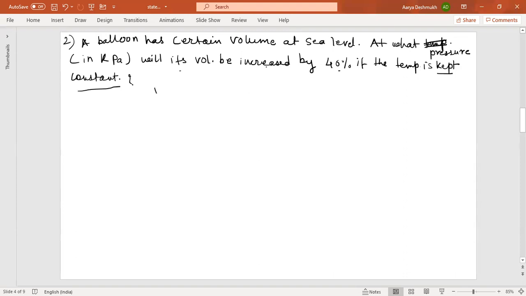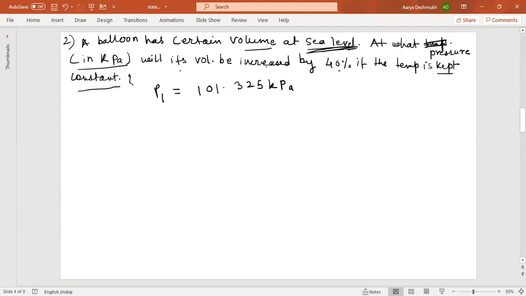Now let us start writing. P1, that is the initial pressure, is the pressure at sea level in kilopascal. The balloon has a certain volume at sea level, so this is one more hint. You need to write the value for pressure in kilopascal, that is 101.325 kilopascal.